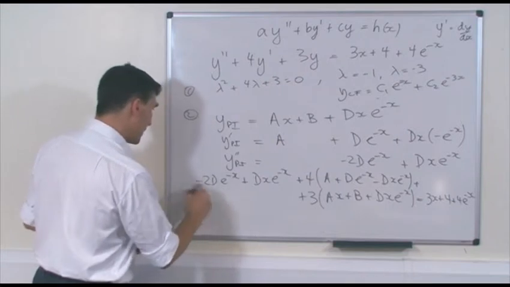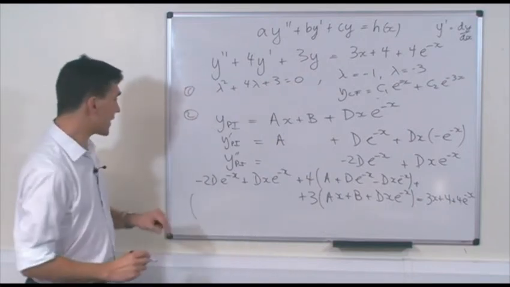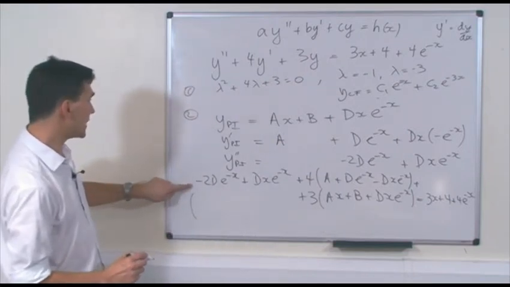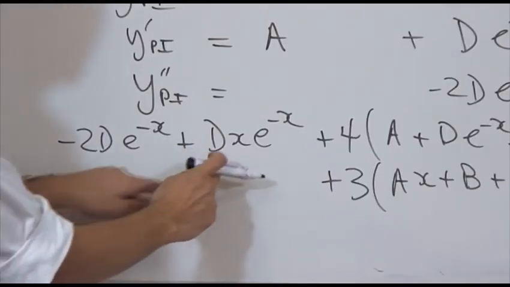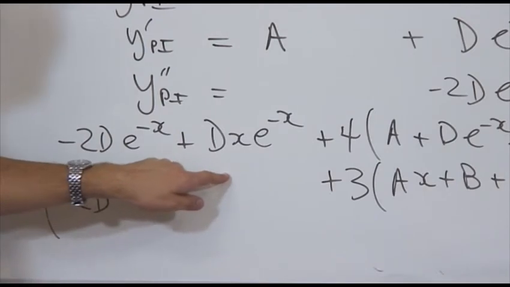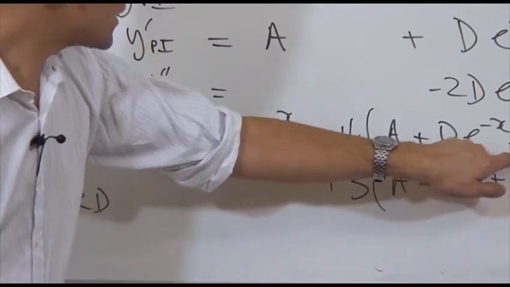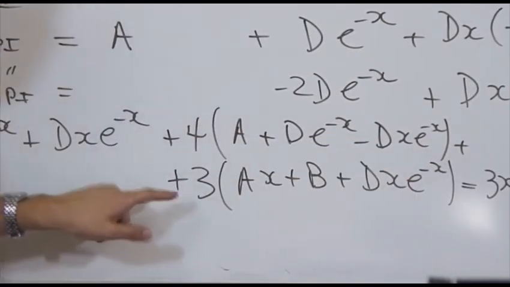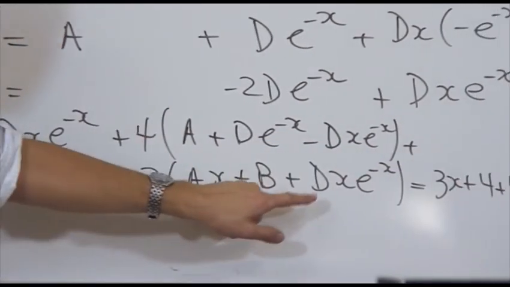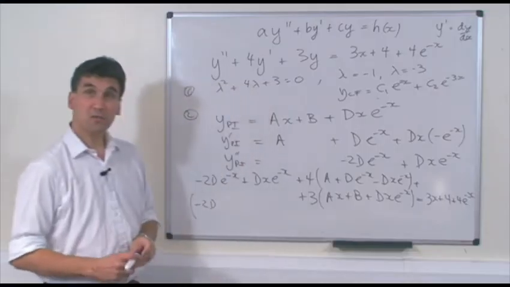So let's do that. How many e to the minus x's do we have? We've got a minus 2d here. We've got a dx e to the minus x. We've got a minus 4 dx e to the minus x. And we've got a plus 3 dx e to the minus x's. So those ones vanish.